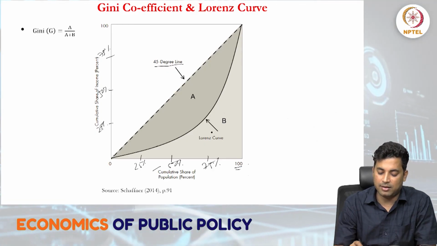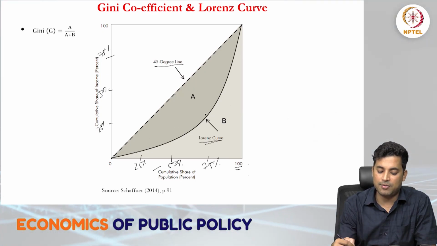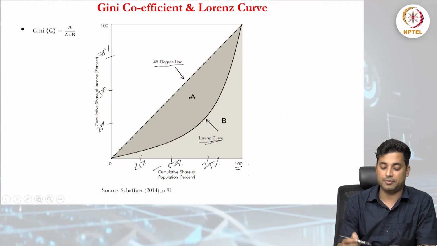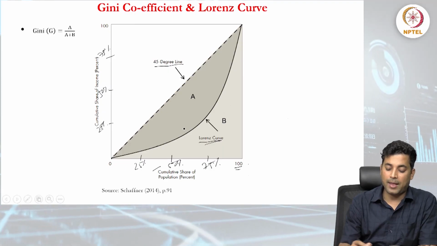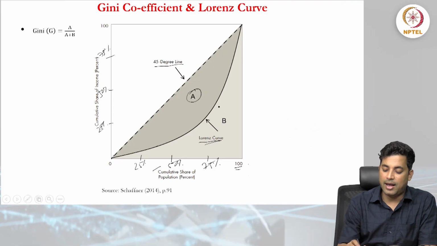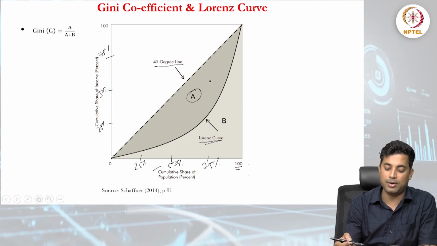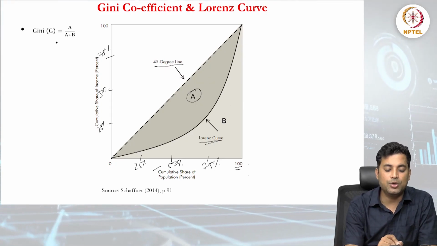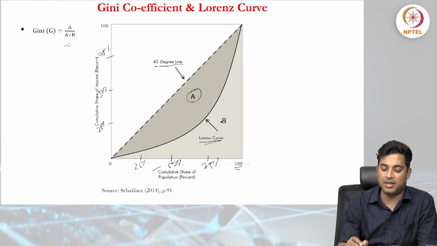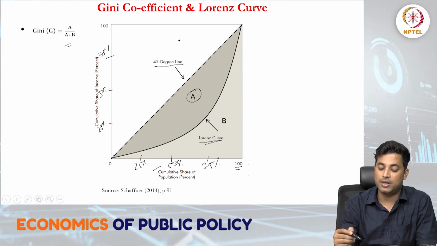Then the other Lorenz curve shows how far this curve is from the perfectly equal line. This area A is the area of inequality, and area A plus B is the total area of equality and inequality. So the Gini is calculated as area A divided by area A plus B, which is half of the total box.